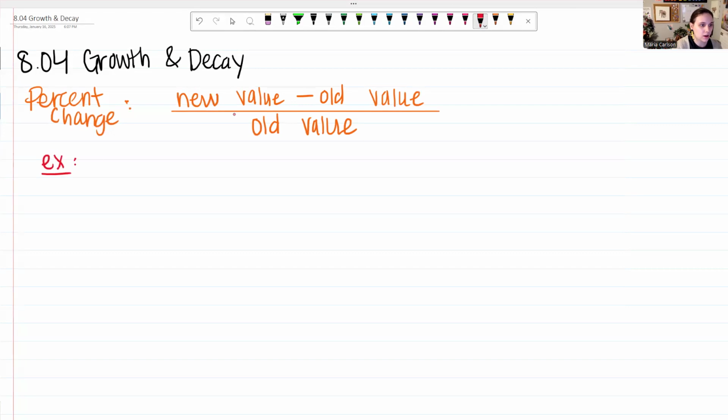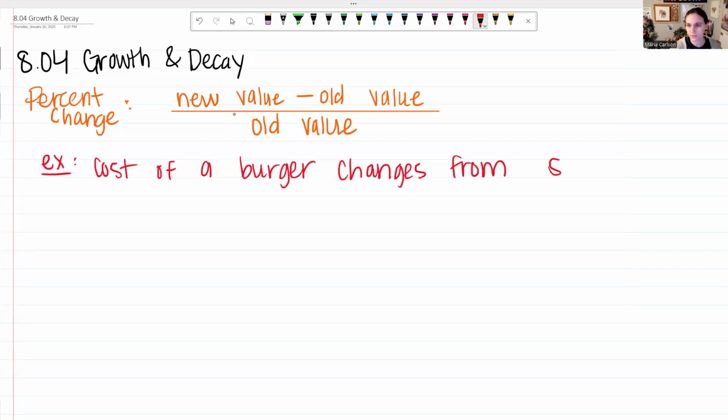So let's say the cost of a burger changes from $5.50 to $7.25.